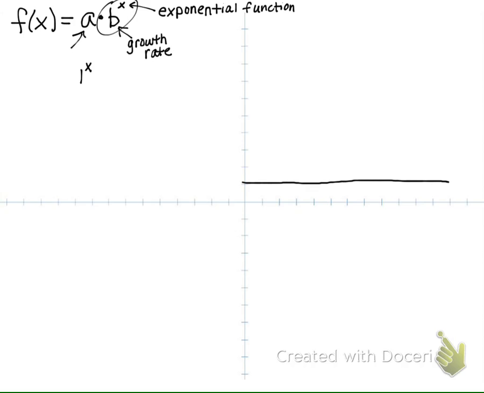We're still in business, but we're not really growing. We're not losing, but we're not growing either. So in our problems, we're not going to do any problems where the b value is 1 because it's not very exciting. So in our problems, b value is either going to be bigger than 1 or it's going to be smaller than 1.